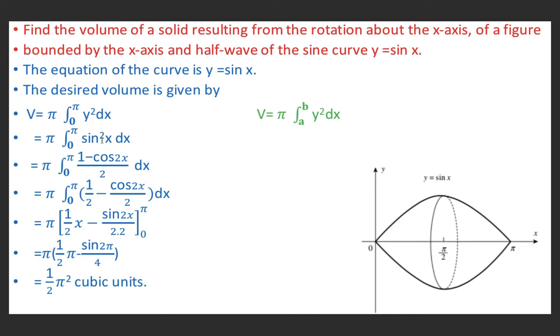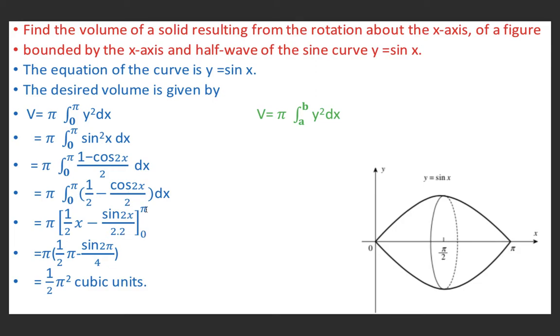Sin square x is nothing but (1 minus cos 2x) upon 2. This is by trigonometry. So it is 1 by 2 minus cos 2x by 2. I have written it in two parts. Integration of 1 by 2 is 1 by 2 x. Integration of cos 2x is sin 2x upon 2, and this 2, because integration of cos x is sin x.